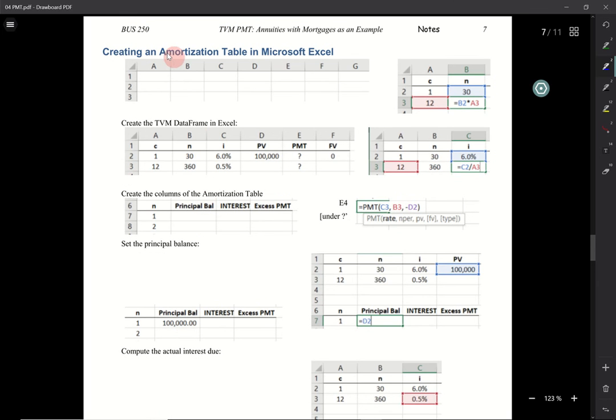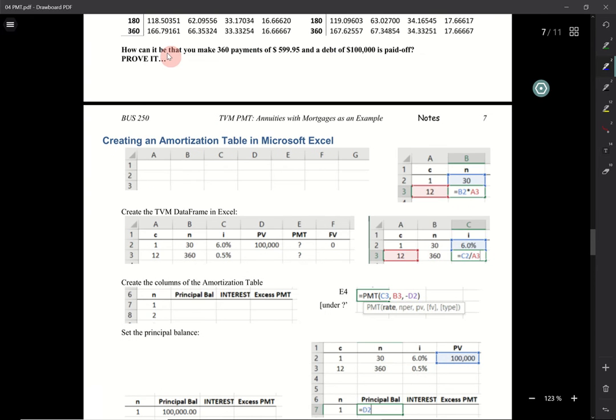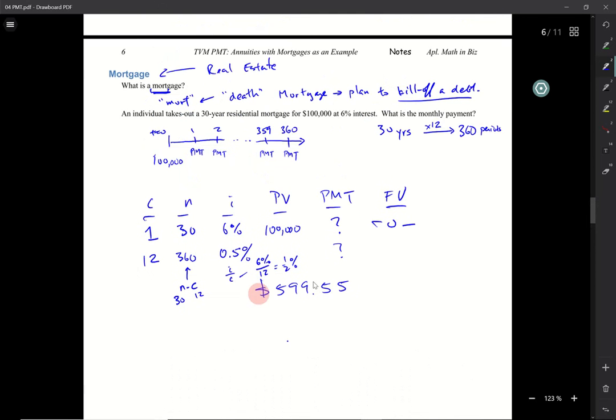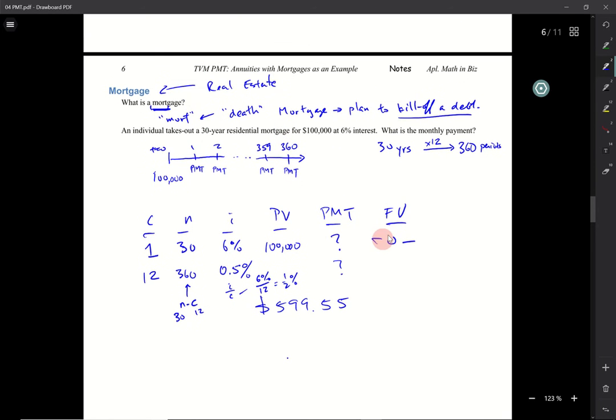The next thing we want to look at is the amortization table, because the question is, you get this number, 599. How can you prove beyond the shadow of a doubt that it really does kill off the debt?